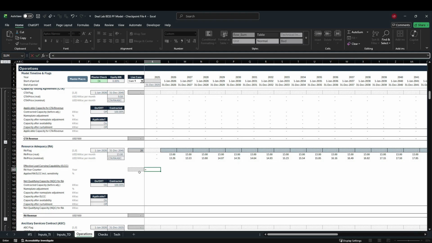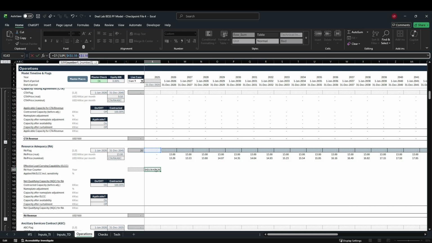And we will do this using an if statement. If, and we will say the sum of our resource adequacy flag, hit colon, and we will anchor the first reference fully, F4, and the second reference we will only anchor to our row.